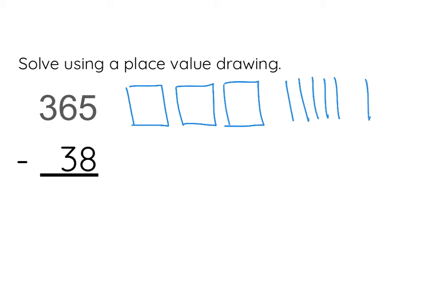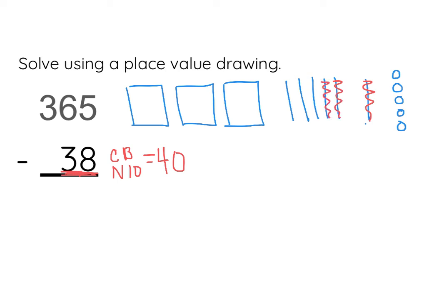But what you're realizing is, yes, it's bigger, but it's really not any harder. So draw your picture neatly. 3 hundreds, 6 10s, and 5 1s. We're going to subtract 38. So 38's close benchmark, or next 10, equals 40. So that's what we'll subtract. 10, 20, 30, 40.